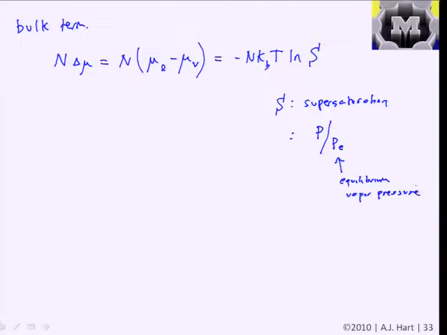So, equilibrium vapor pressure is the idea of if you have a liquid at a certain temperature and you have a gas above it, the equilibrium vapor pressure is the pressure of vapor that would be existing above that liquid when the vapor is in equilibrium with the liquid. So you're not condensing or evaporating, you just have equilibrium exchange.